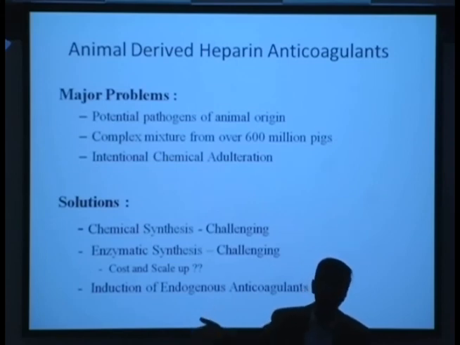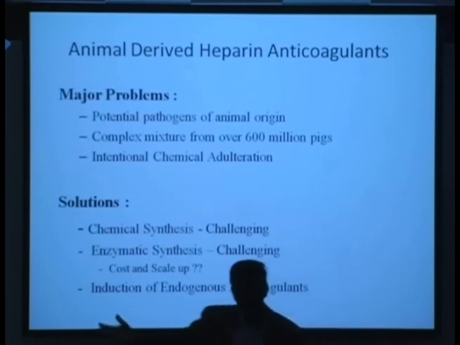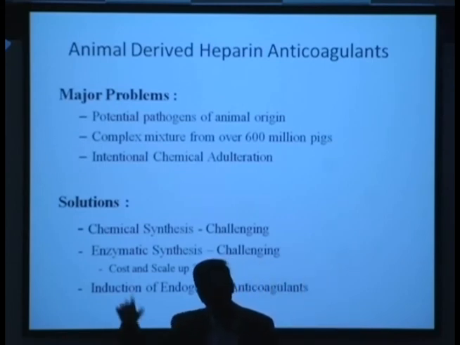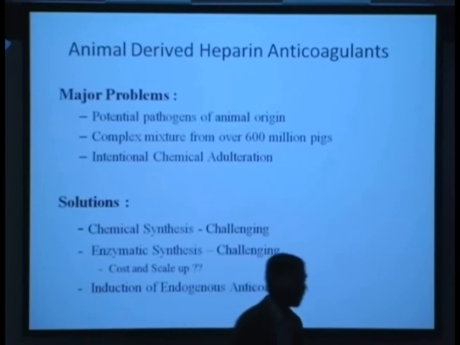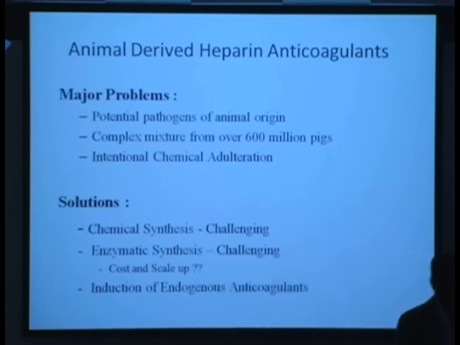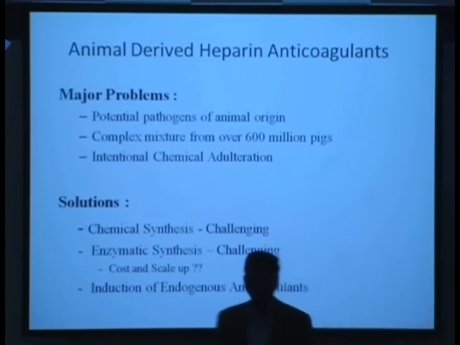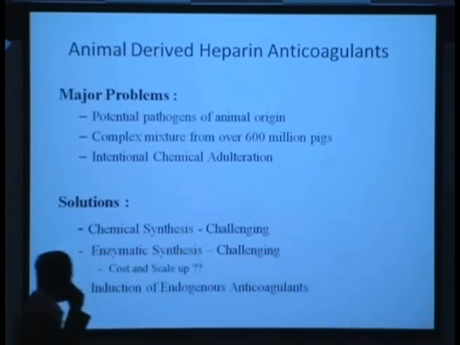It's going to cost me $1,000 for one heparin dosage versus $2 for a heparin dosage, whichever one I choose. I may want to choose the chemical one, fine. But my insurance company may still force me to use animal heparin because it is still cheap. So in order to overcome that, you have to reduce the cost and also be able to scale it up.